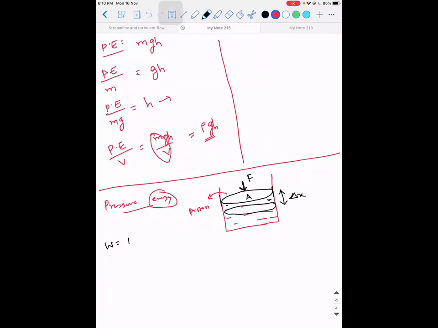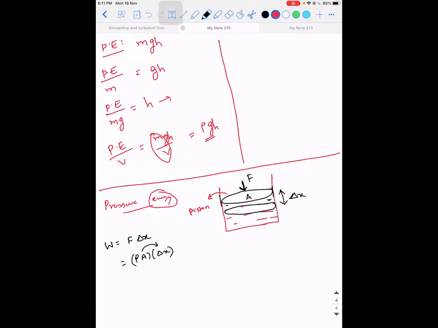Work done by the force is F into delta x. So what is F? F is nothing but pressure into area, into delta x.